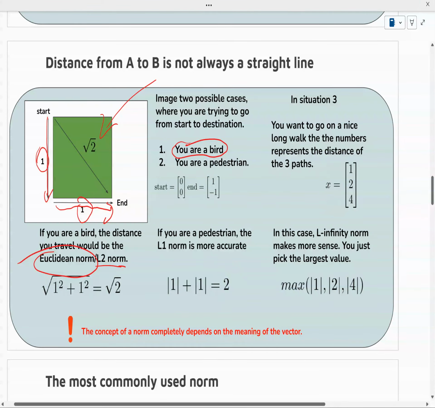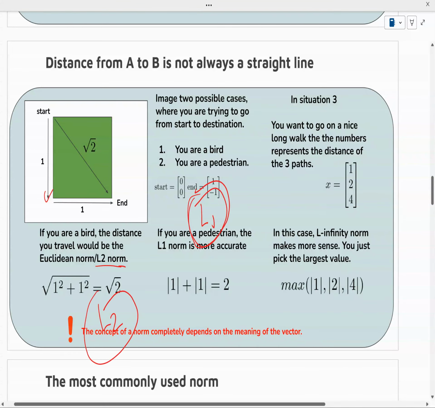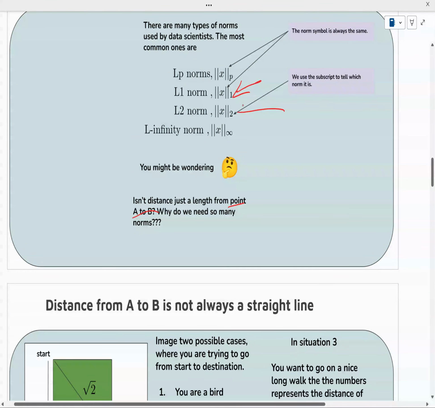So you can see the geometry is different depending on whether you're a bird or a human, right? Now, this particular one we just went through is called the L1 norm. This is the L2 norm, okay? So L1 norm was for the pedestrian, L2 norm was for the bird.